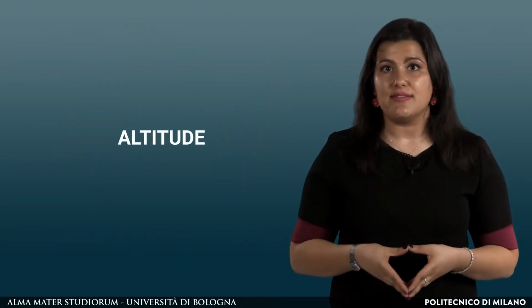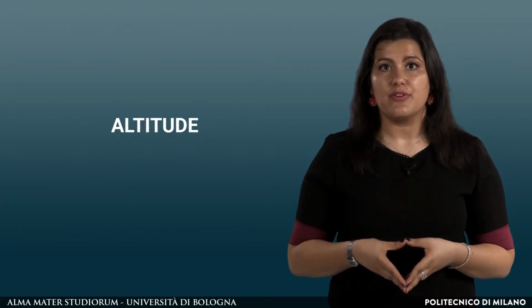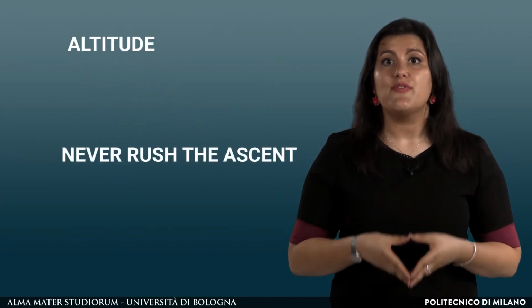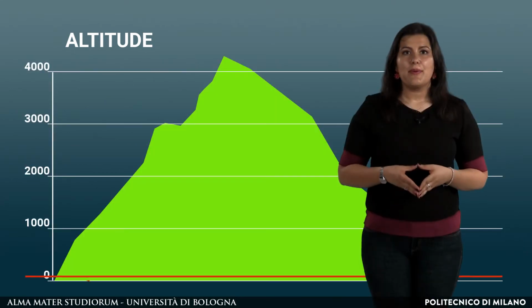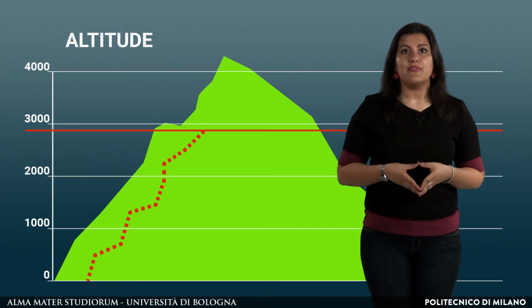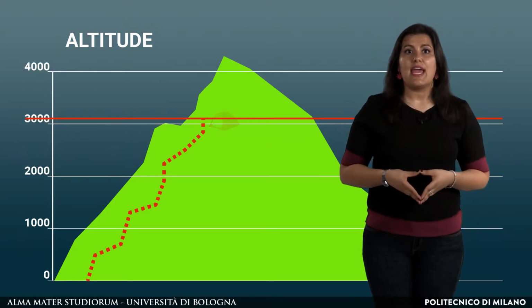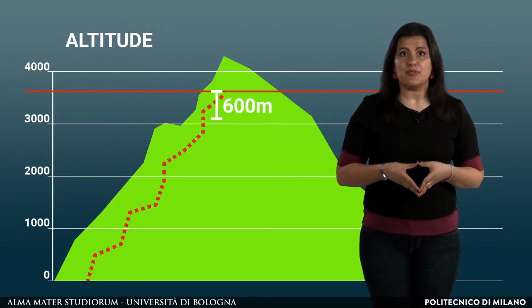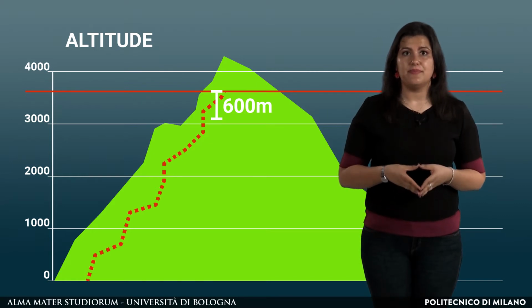When dealing with high altitudes, especially for occasional walkers, the most important rule is to never rush the ascent. When approaching altitudes above 3,000 meters, it is advisable to include a few days of acclimatization and not to exceed more than 600 meters in altitude in the same day.